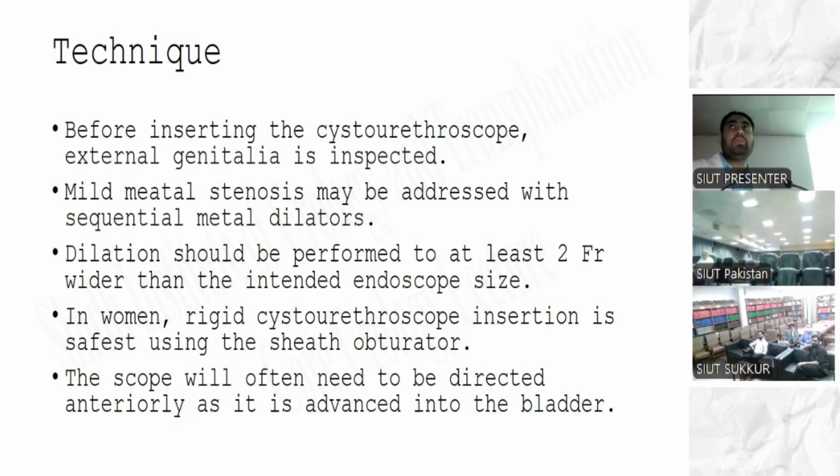In the woman, the rigid cystoscope is safest using the sheath obturator. And whenever we are crossing the membranous urethra, the cystoscope will be directed anteriorly, and it is advanced into the bladder.